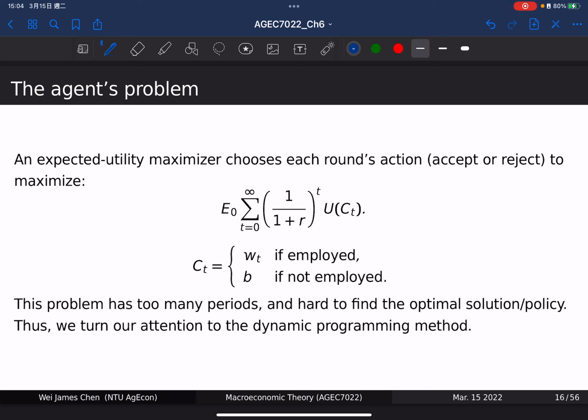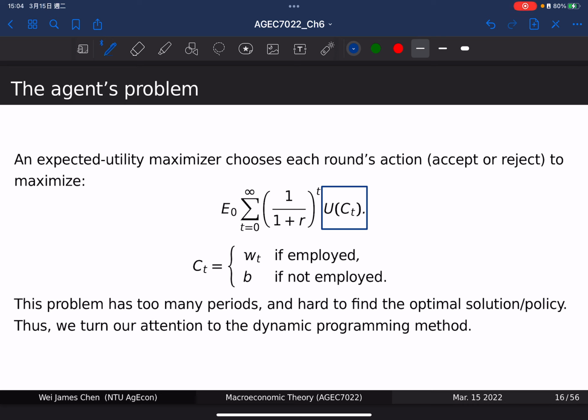In each period, I will have utility U of C_t, where C_t is my consumption. But in this model, we don't have any income other than the wage or the unemployment insurance.